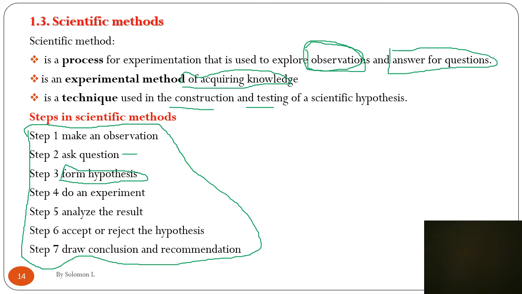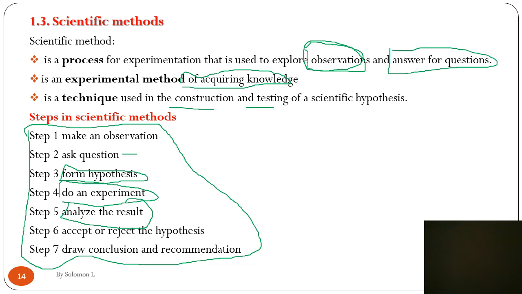Then, we carry out an experiment to check whether our hypothesis is to be accepted or rejected. We have to do some experiments. After doing the experiment, we analyze our results. This is the fifth step, analyze the result.